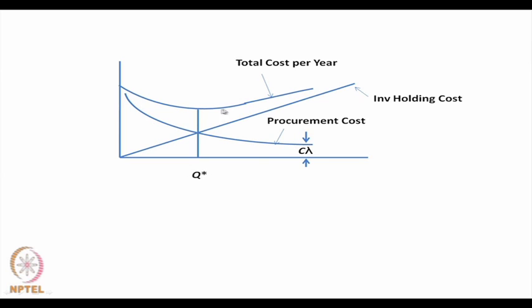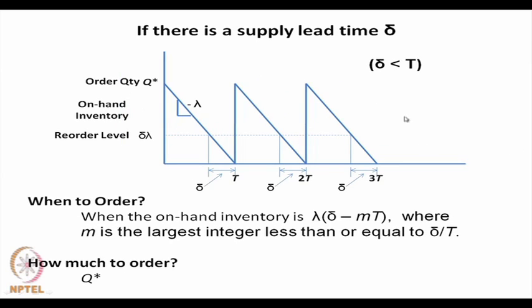The total cost takes a minimum at the value Q star. All this we had discussed in our last class.